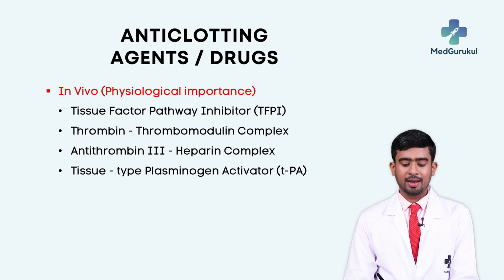The anticoagulant agents present in the body are the tissue factor pathway inhibitor, the thrombin-thrombomodulin complex, the antithrombin 3 heparin complex, and finally the tissue type plasminogen activator. We will be understanding all of these systems in detail in the coming slides. These are the most important anticoagulants in vivo that are present within the blood vessel to prevent the coagulation of blood within the blood vessel.